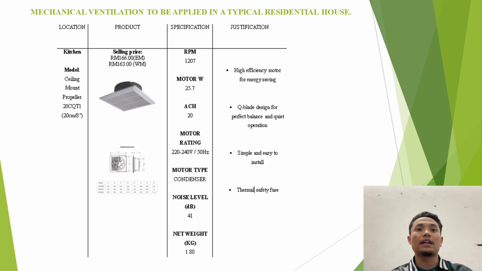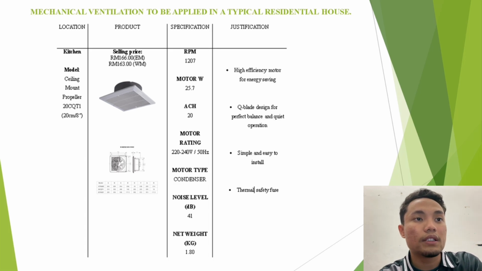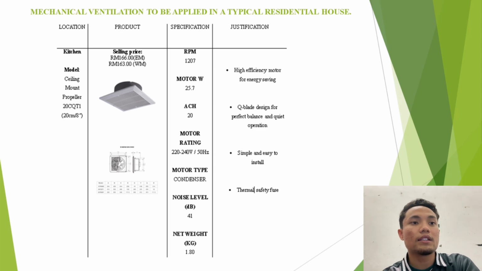For ventilation to be applied in a typical residential house, we take the model ceiling mount propeller 20 CQT1, 20 cm, 8 feet. The price is in the target, 166 ringgit. RPM is 1207 and motor watt is 25, ACH is 20, and motor rating is 220 to 240 voltage and 50 frequency hertz.